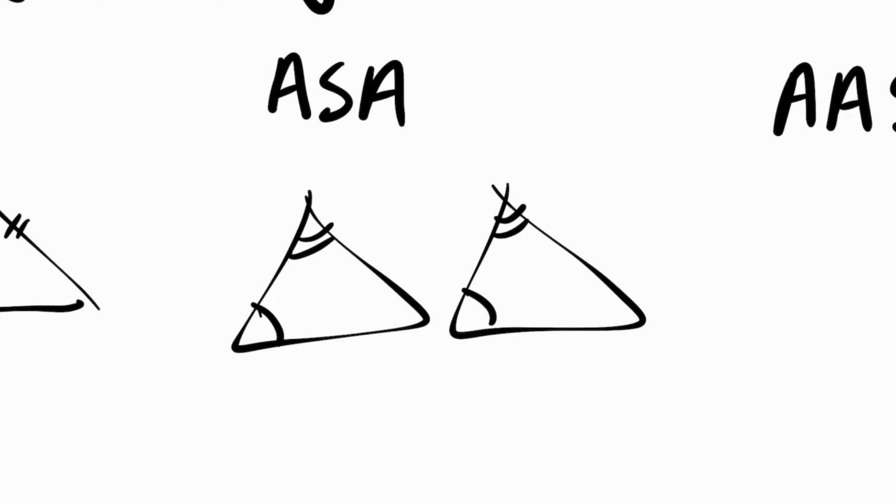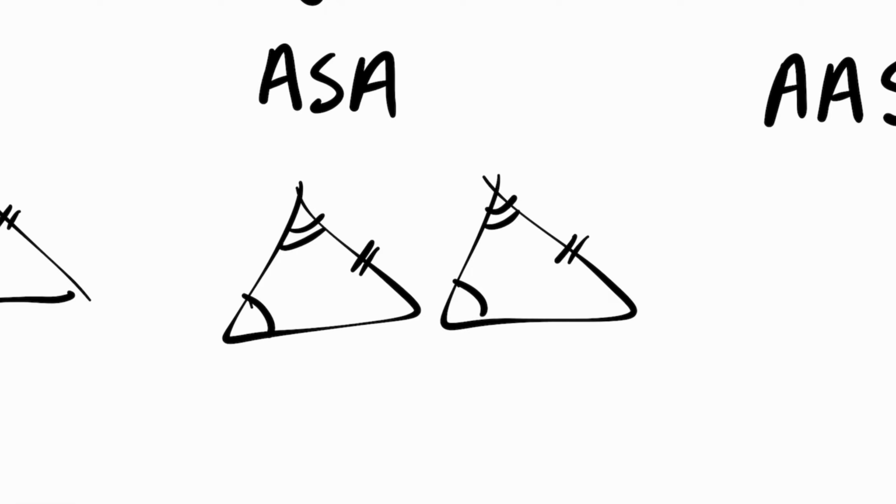So again, if you had this situation, this would not count as ASA because the side that's marked doesn't connect the two marked angles. It touches one of them, but not the other one. So to be ASA, the side that's marked has to be in between, or touching, both of the two angles that are marked as well.